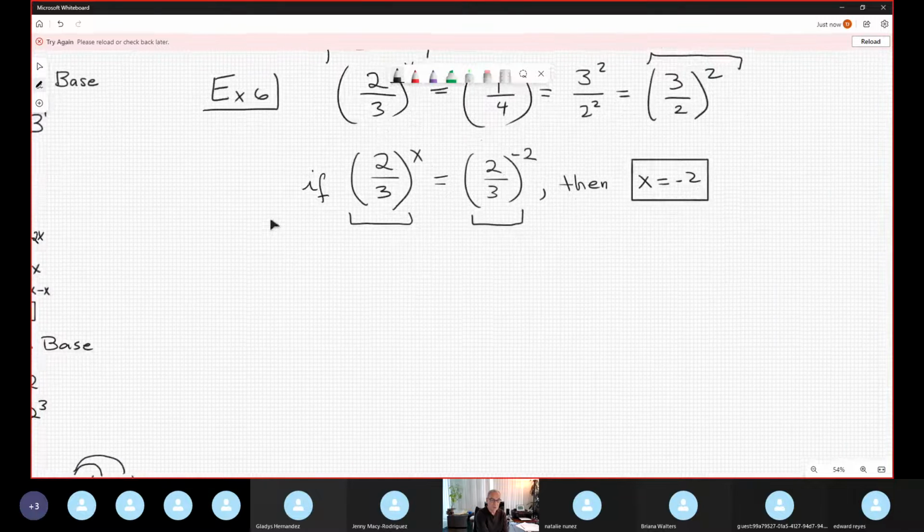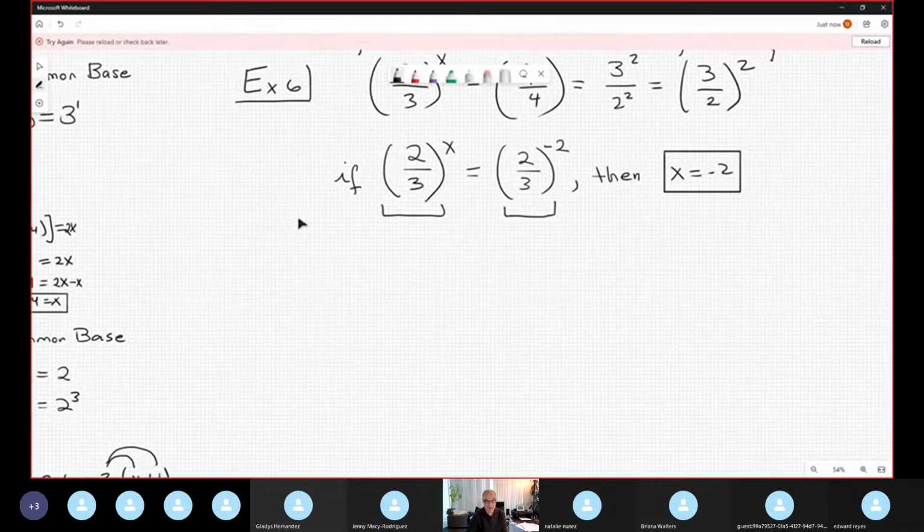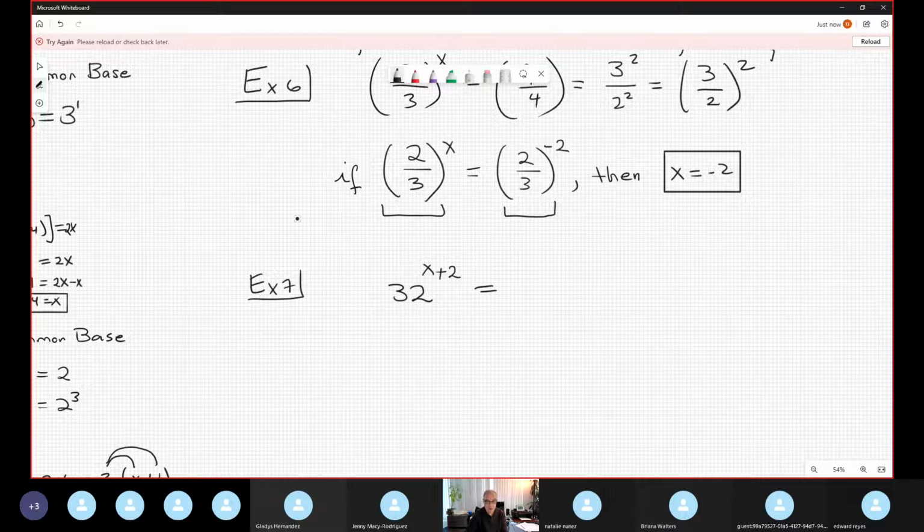So you need to be aware of any possibility: radical, which is a fractional exponent; reciprocal, which is a negative exponent. One easy example. Suppose 32 raised to the x plus 2, I need help in this, equal 16 raised to the 2 minus x.